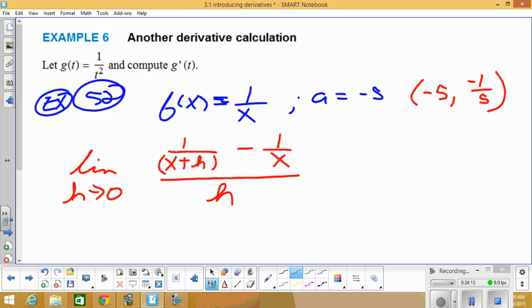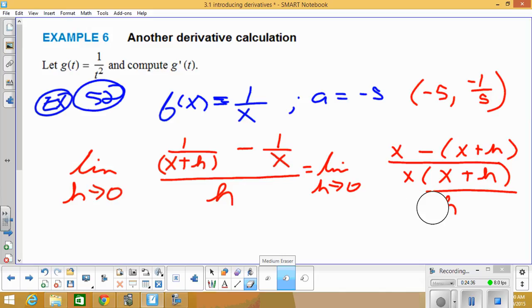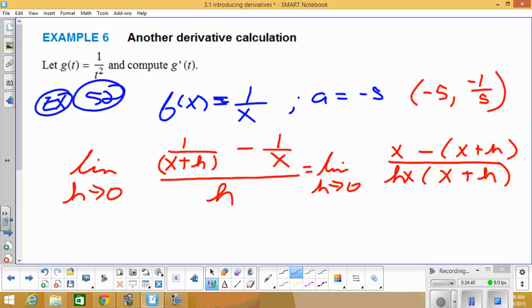I'm going to make the numerator all one expression. So I'm going to do this real quick. Since it is being divided by h, long story short, you do realize these two then, when you multiply by its reciprocals, it becomes this.